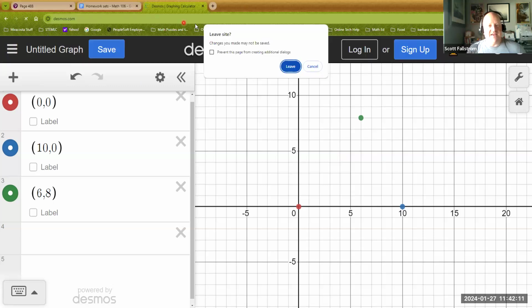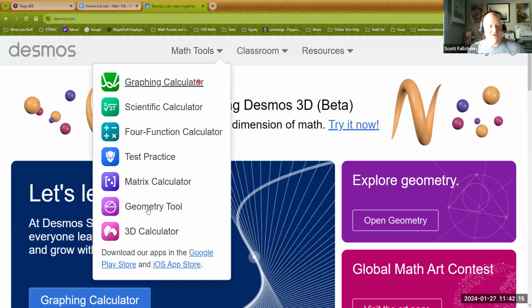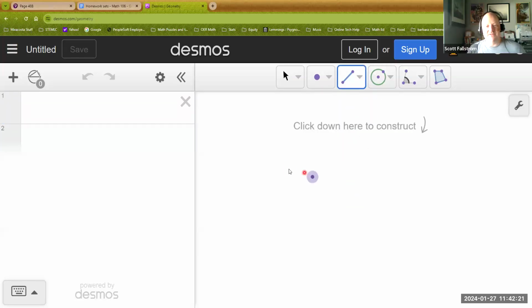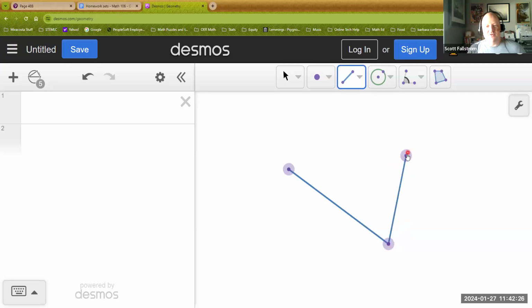I'm going to go back to Desmos.com because they have a different tool under math tools. One of the tools is called geometry. And so with geometry, you can actually create line segments, and those line segments could build a triangle, right? And then some of the things that are creations, and we'll actually see how to do as we go forward, is we could find the midpoints.